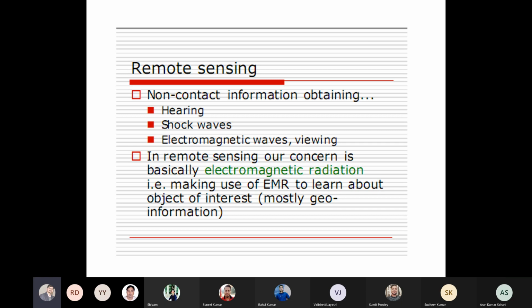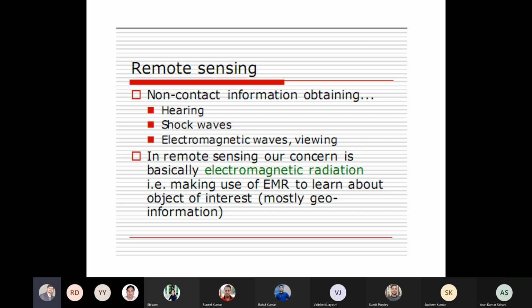As we know, the meaning of remote sensing is to sense information, or sense, let's say, a kind of sound, without touching that particular object or without being close to that source.